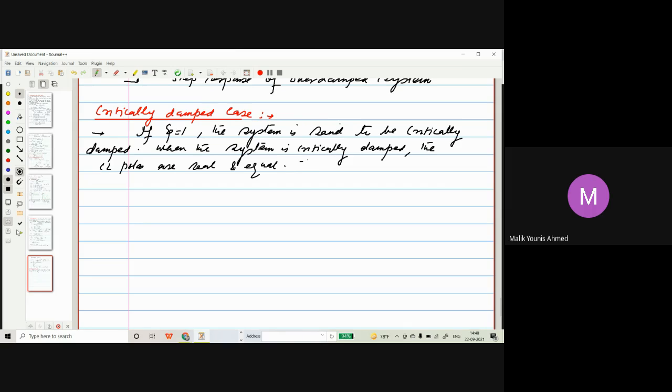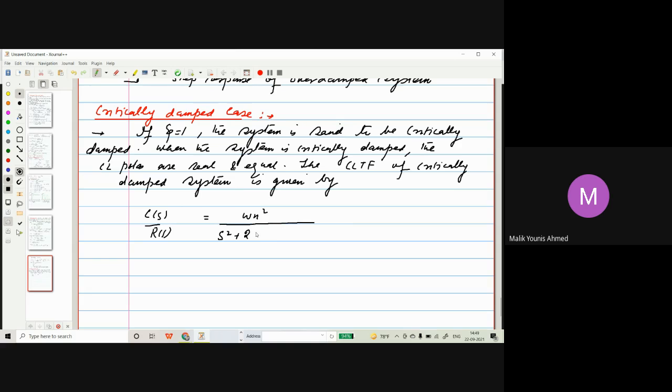Then the closed loop transfer function of a critically damped system is given by C of S by R of S equal to omega n square over s square plus 2 xi omega n s plus omega n square.